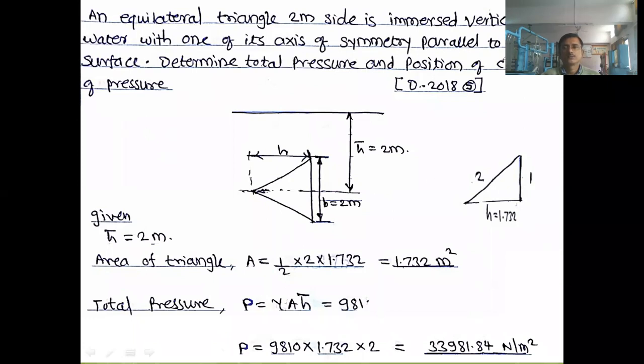Determine the total pressure and position of the center of pressure. Okay, this is the problem.